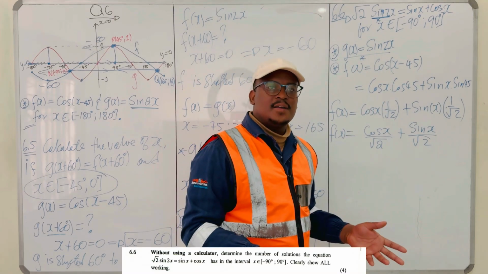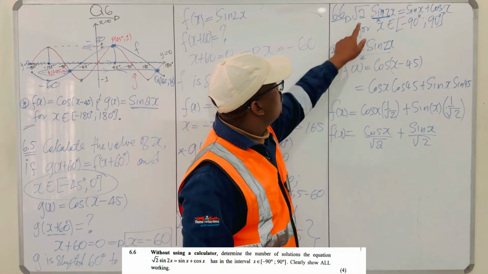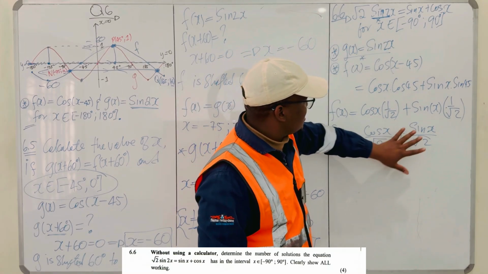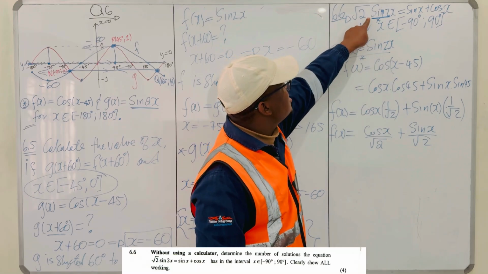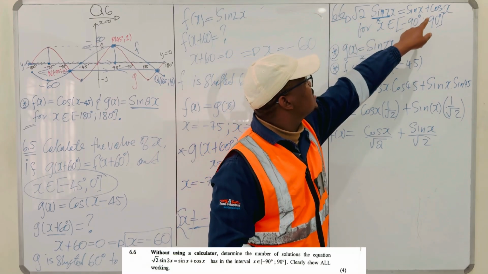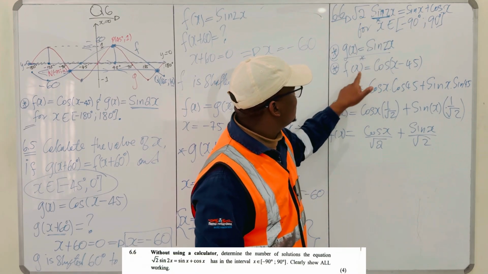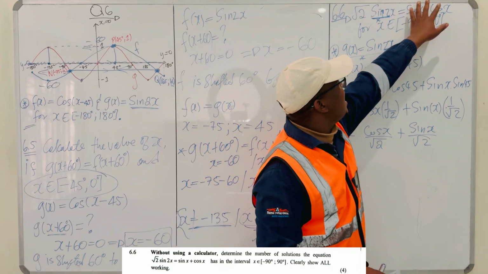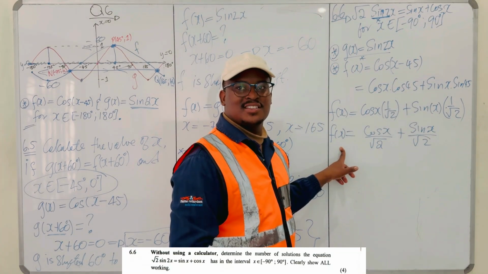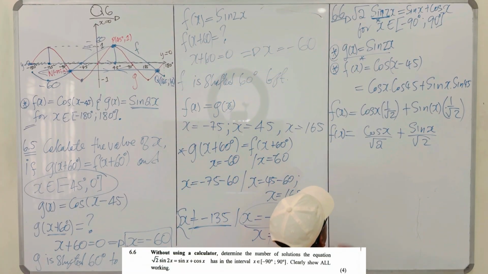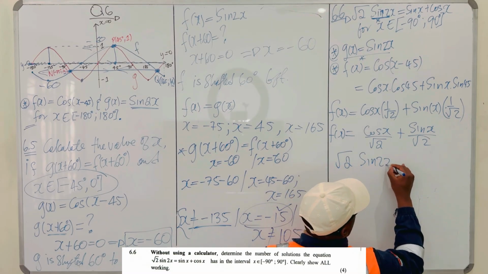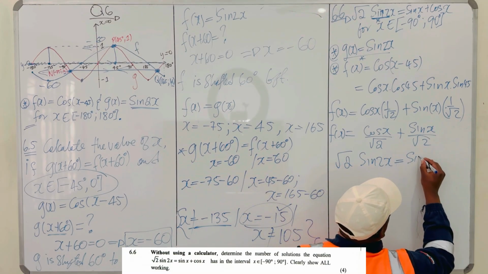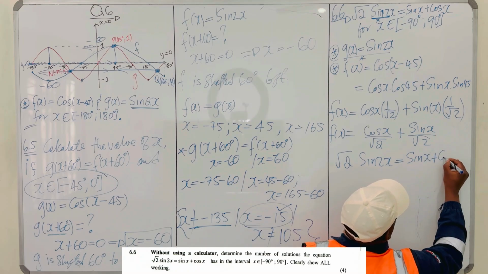So now the trick is to try to write this in a similar fashion as these two. If you can get rid of that root 2 in front, then divide by root 2 both sides, you'll be left with g of x, which is this, and on that side, you'll be having f of x, which is this. So what you are given originally is root 2 sine 2x is equal to sine x plus cos x.